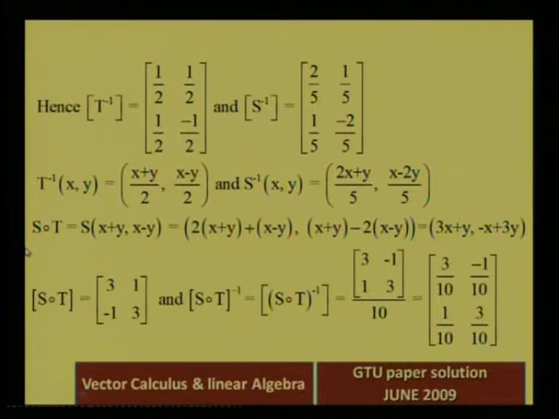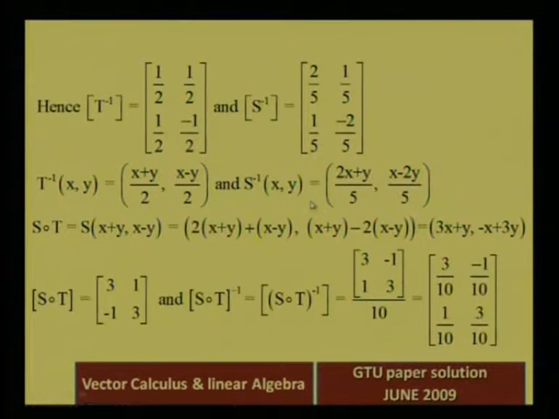So we can write T inverse (x,y) and S inverse (x,y) using these standard matrices. For T inverse (x,y), the first row is 1 by 2, 1 by 2, so the first coordinate is x plus y by 2. The second row is 1 by 2, minus 1 by 2, so the second coordinate is x minus y by 2.